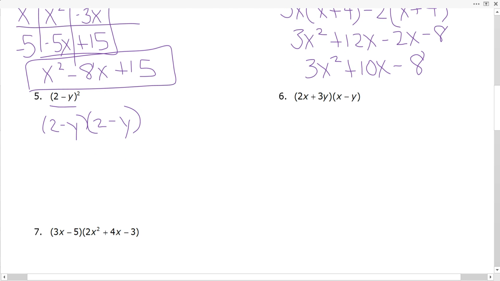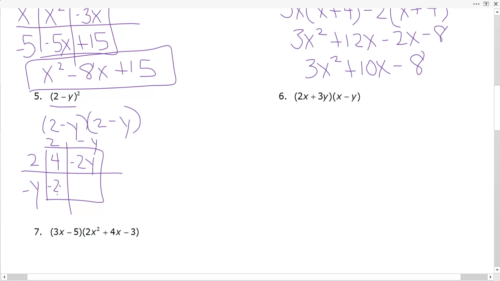Okay, so I have 2 minus y, 2 minus y. 2 times 2 is 4, 2 times negative y is negative 2y, negative y times 2 is negative 2y, negative y times negative y is positive y squared. So I'm going to switch it around so my y squared comes first. Minus 2y makes minus 4y plus 4.